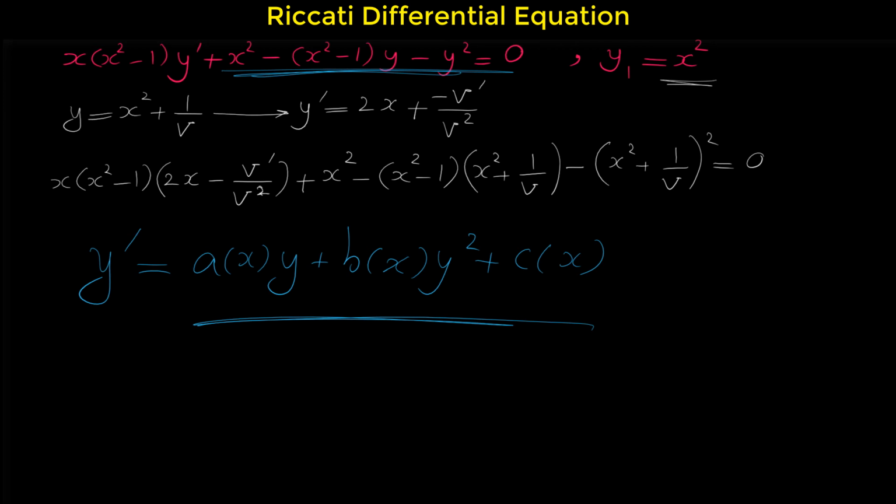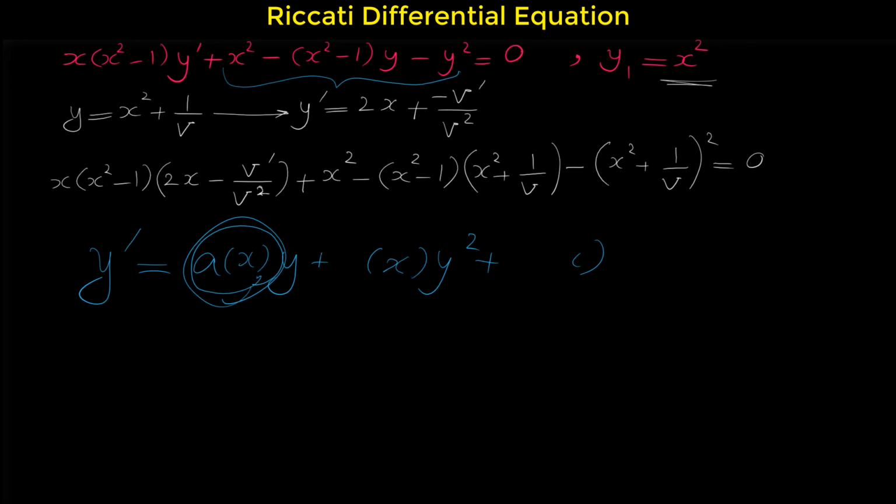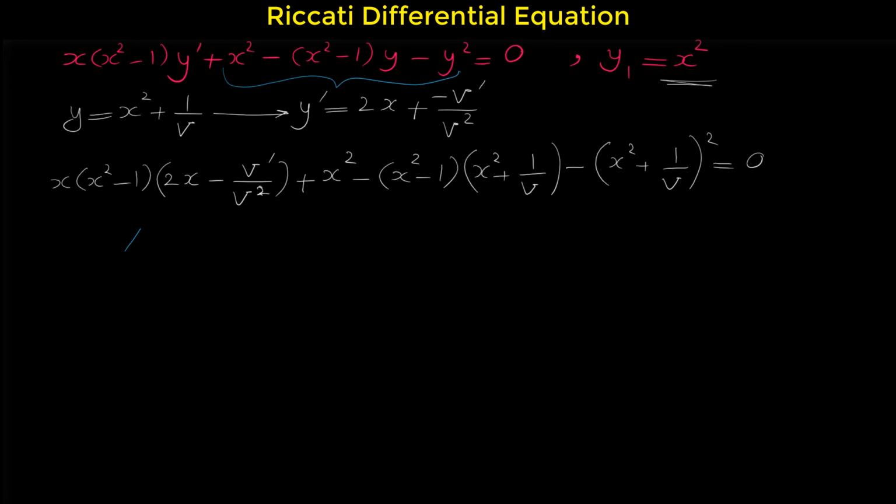But it's not necessary to do so, so I left it in the original form. But if you want to find what is a of x, b of x, and c of x, first move these terms to the other side, divide by the coefficient of y prime, then you can find out what a of x, b of x, and c of x are. Let's get back to our question.